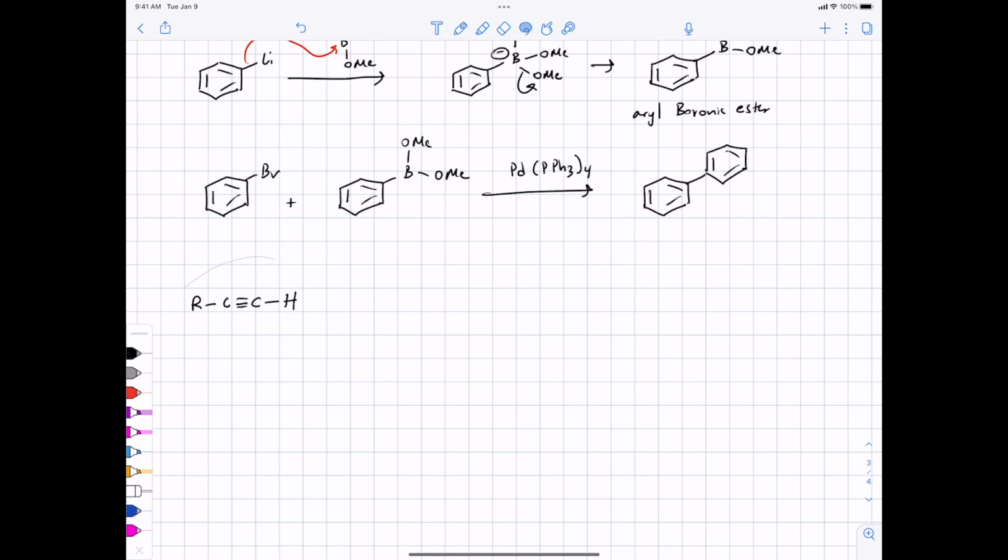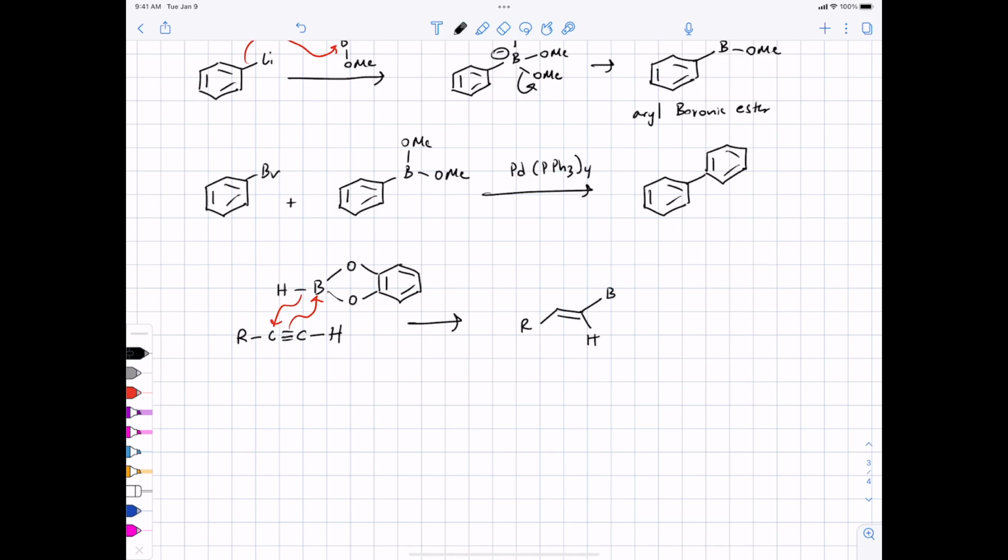So hydroboration is a reaction from 351. We used BH3, but you don't have to, and it turns out that the molecule I'm drawing now is called catechol borane, but it does hydroboration in exactly the same way as BH3 does.